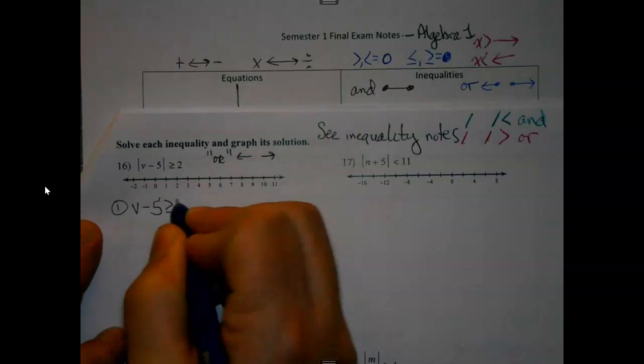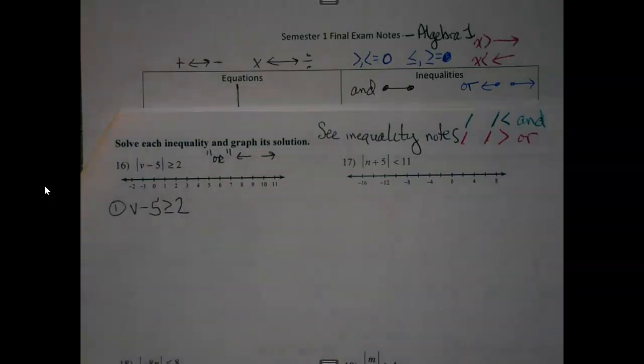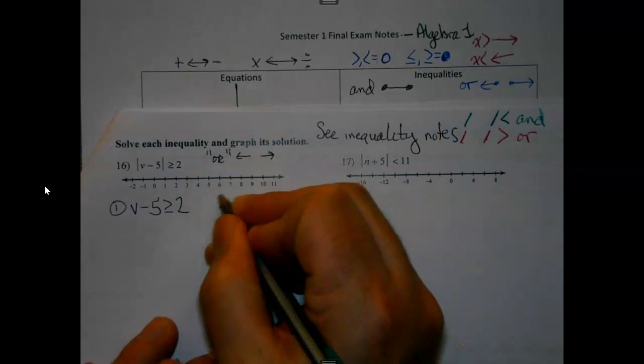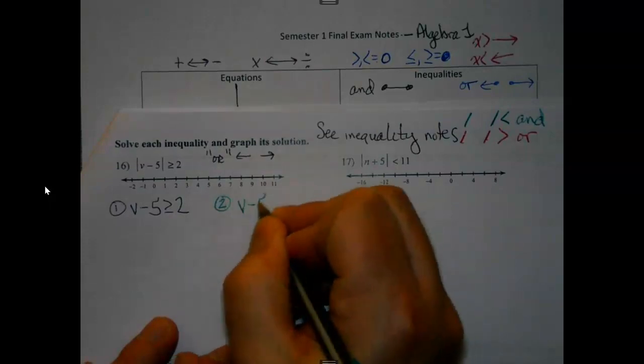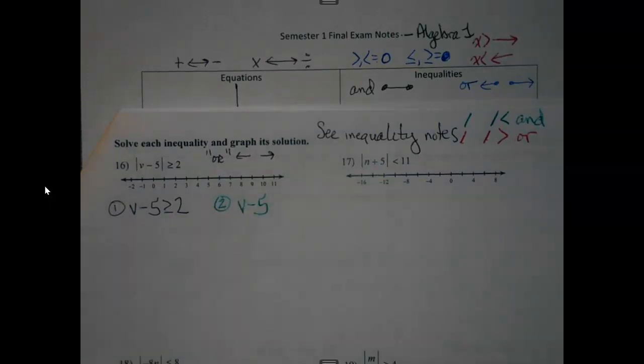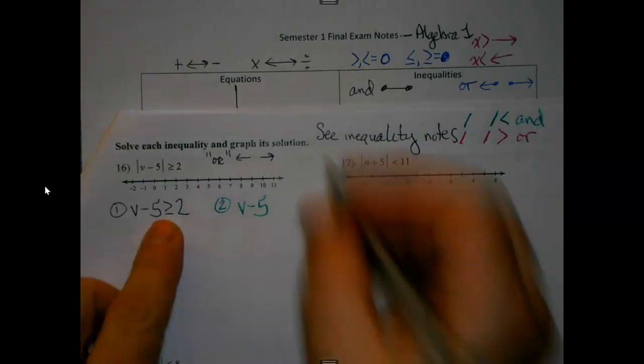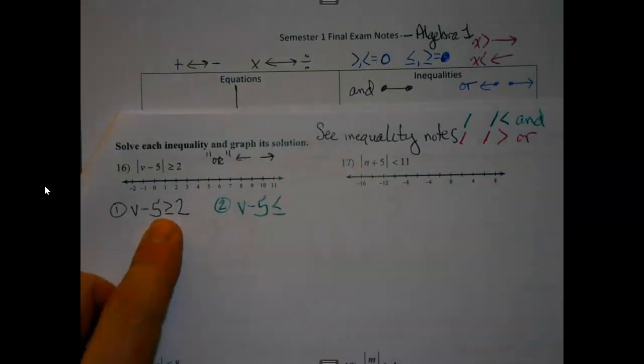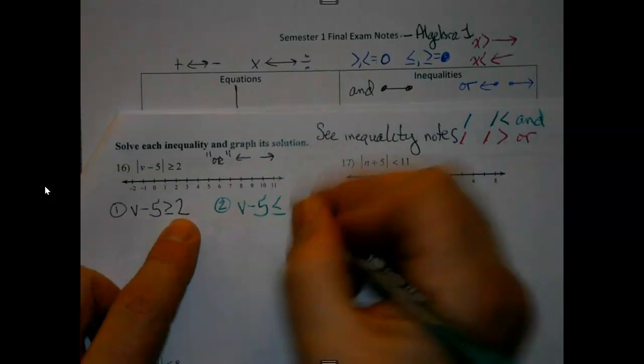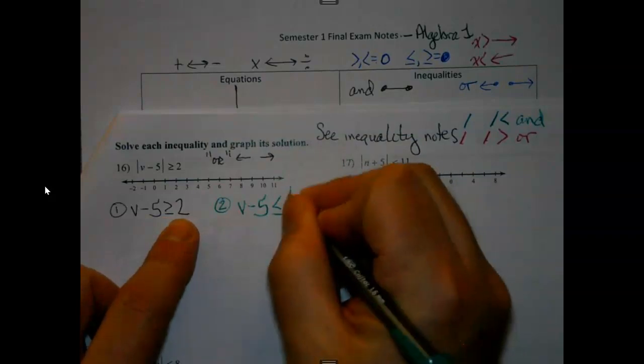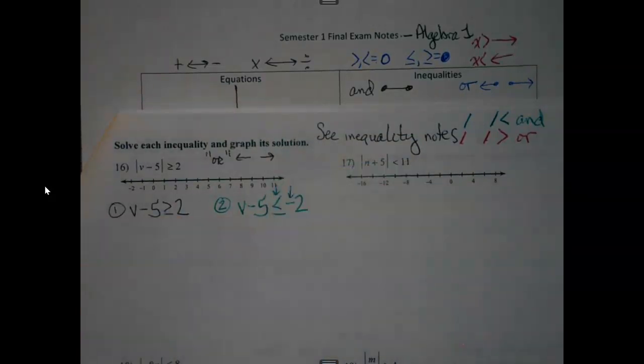First one, copy what you see, just like we were doing with the equations. Second one, two things are going to change. The arrow flips and the sign changes. Those two things.